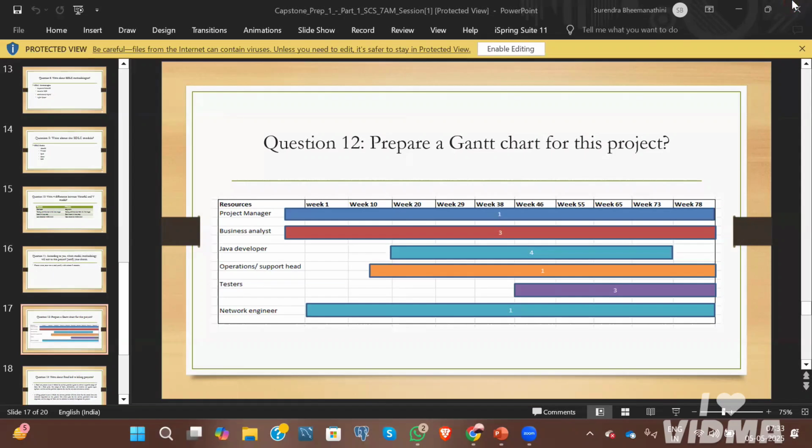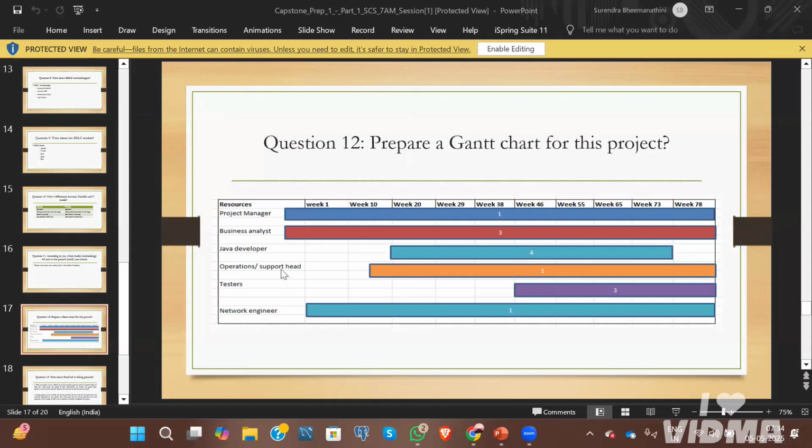This project is for 18 months, and the timeline has been divided into week 1 to week 78.